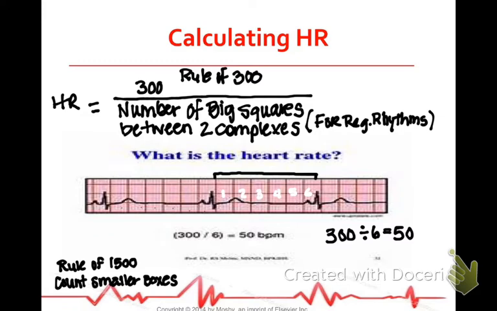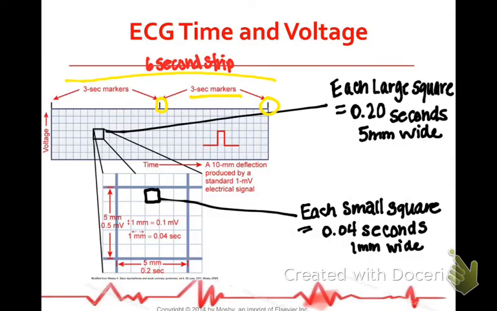Now you can also use the rule of 1500, and your book has that as well, I believe. And that is, you just count the smaller boxes, those tiny little ones, remember? If you don't want to count them, do some math: 1500 divided by 30. So remember, each large square is 0.20 and each small square is 0.04.